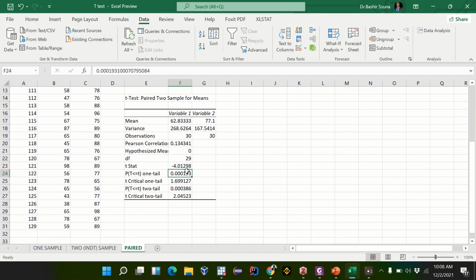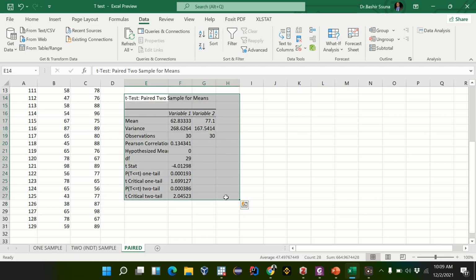And since we see that 77.1 was the mean here, we conclude that students score more marks in a repeat test.